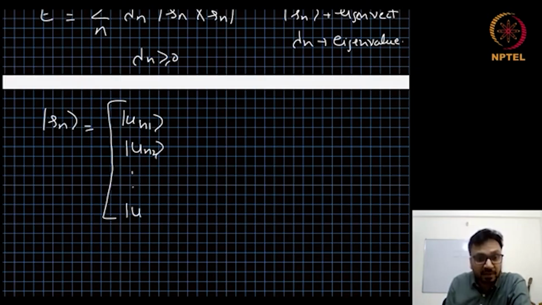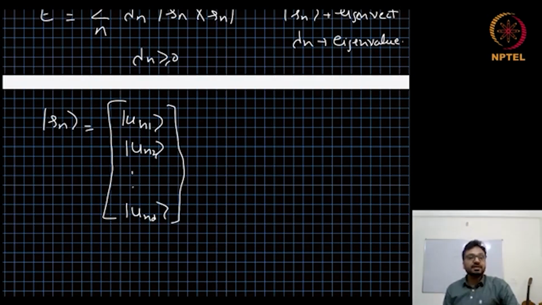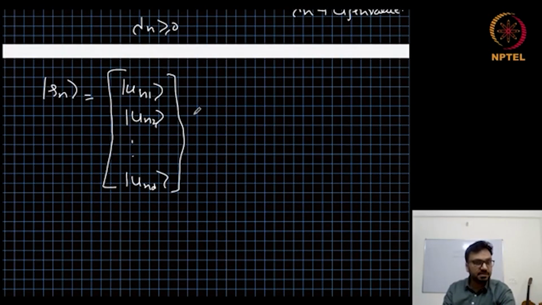They're all unnormalized. There are D vectors of D dimension each, and we are calling them un1, un2, un3, and so on. We are just writing them for the time being for the ease of calculation.